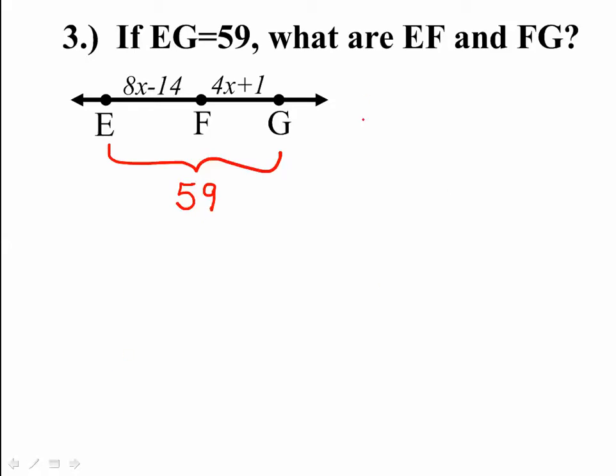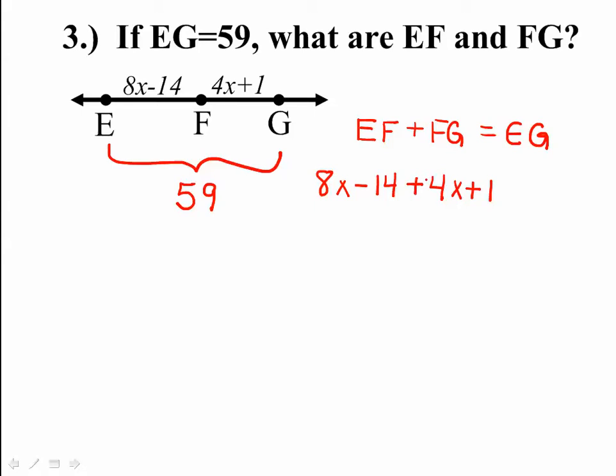So using the segment addition postulate, EF and FG added together equal EG. Since EF is 8x minus 14 and FG is 4x plus 1, I can add those two segment lengths together to equal the total length of 59. And now I have an equation which I can solve.